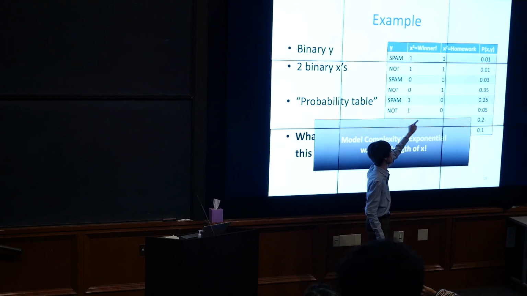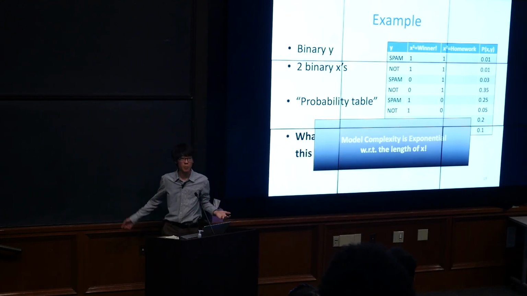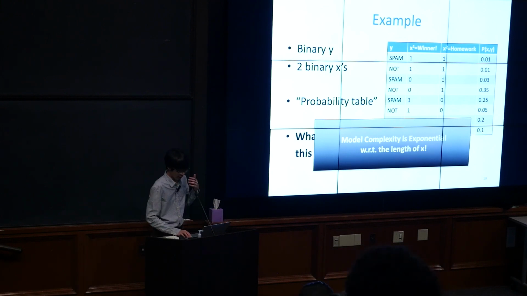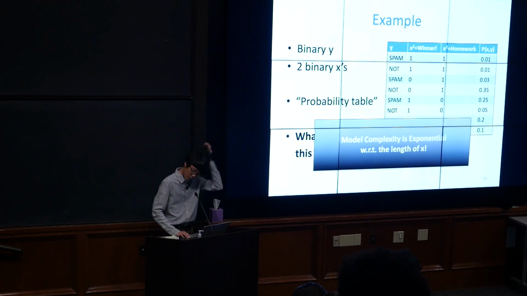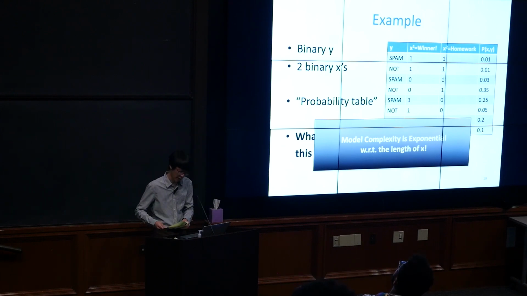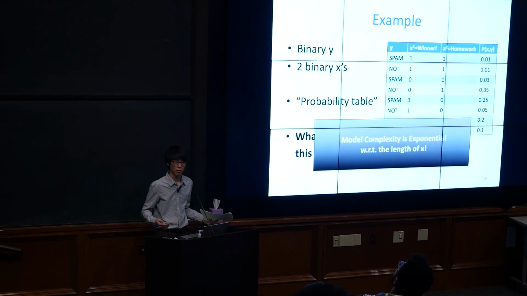But if you have 2 columns, you get 4, 8, 16, 32, etc., which is the worst possible complexity for a model that you could possibly have. So clearly, writing down our entire joint probability distribution into a lookup table might not be the best idea. So how can we structure our model in a way that's not a lookup table, such that we can still capture this distribution, but with fewer parameters?